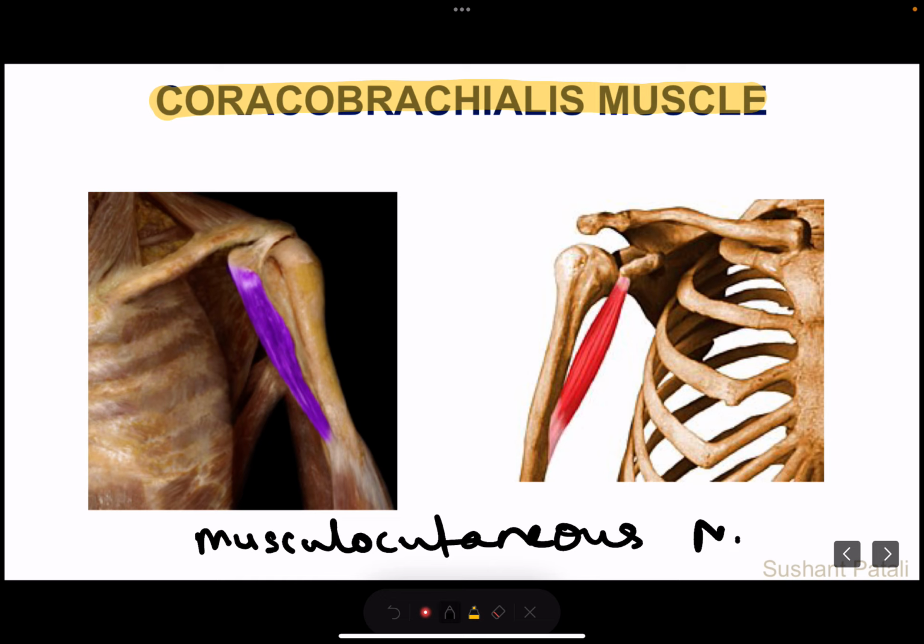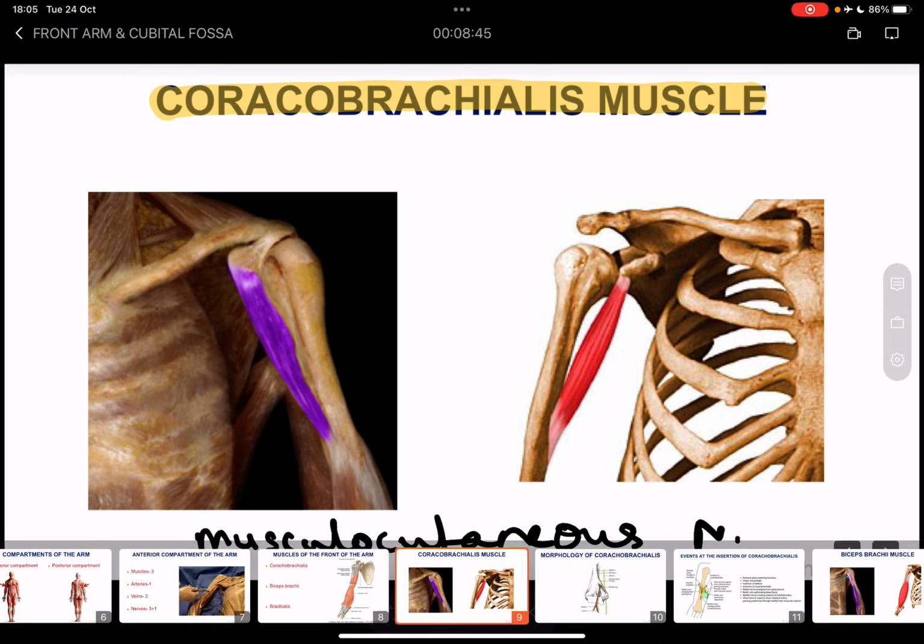All right, so we will discuss the morphology of the coracobrachialis in a bit. Before that, I want you to remember that the nerve supply of the coracobrachialis muscle is by the musculocutaneous nerve.